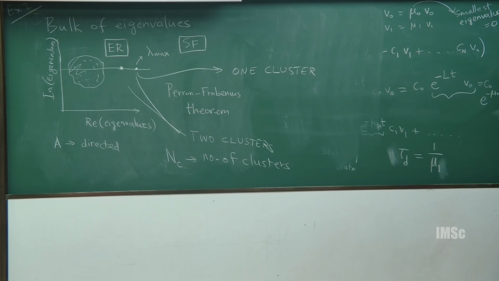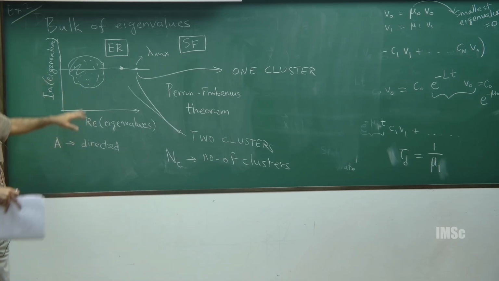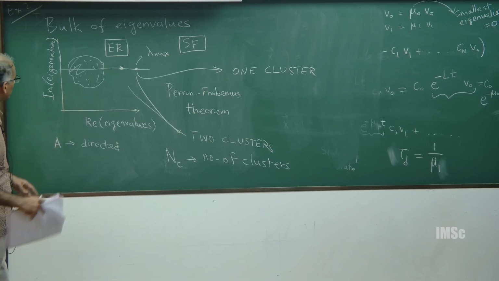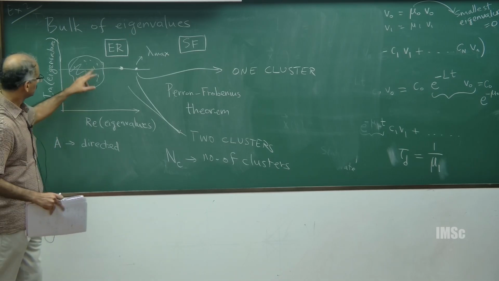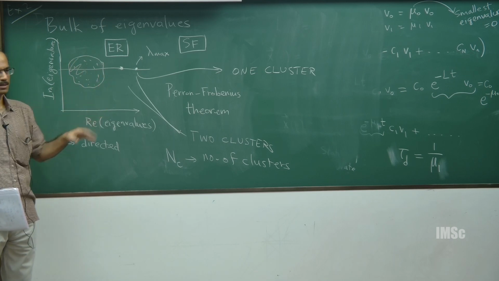Now maybe it is a good time to start. There are many other properties of this which, for example, you can show, such as the size of this cloud. Typically it is approximately like a circle.